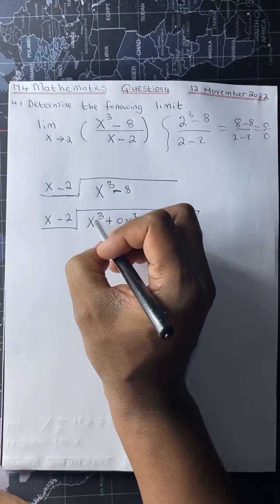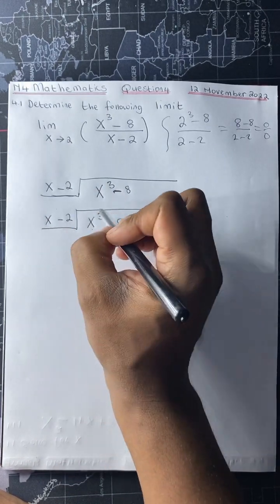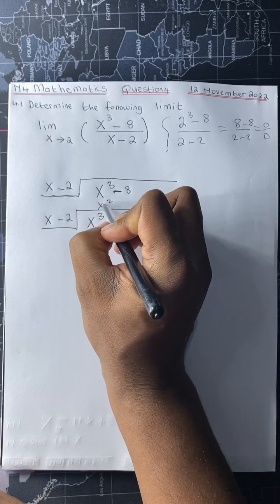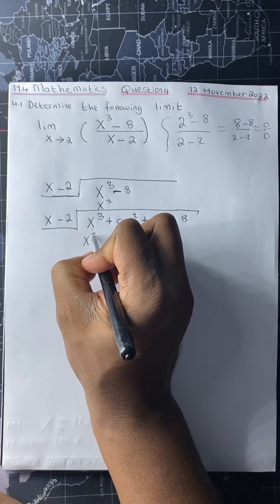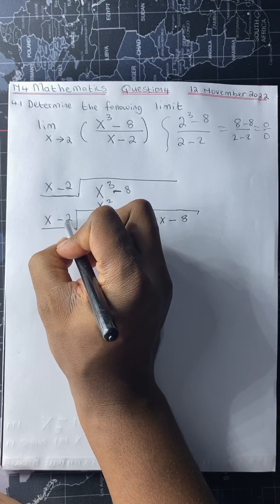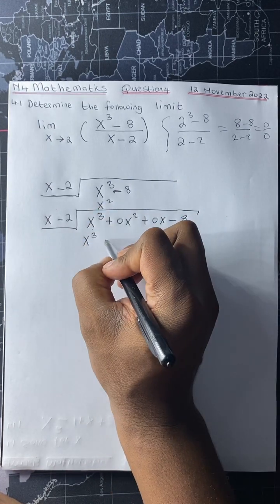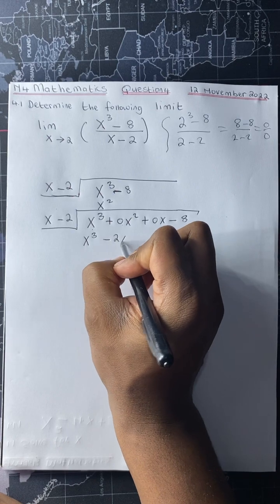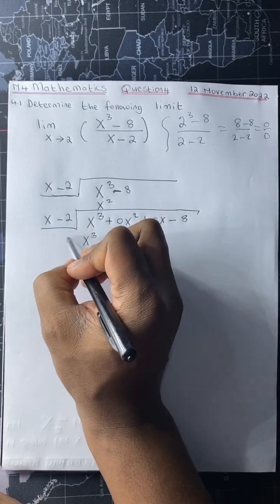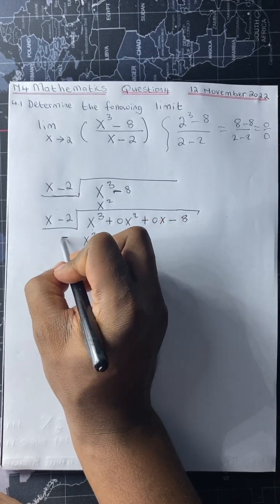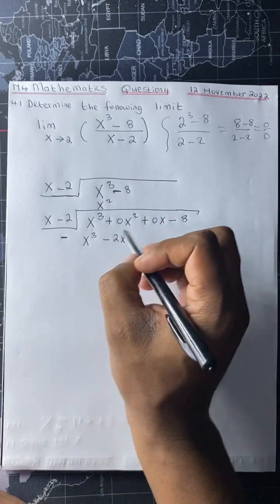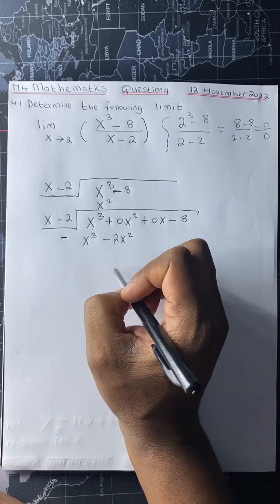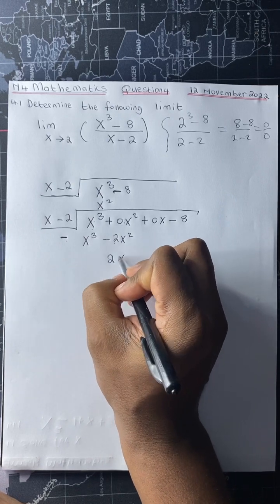So x cubed divided by x will be equal to x squared. And x squared multiplied by x will be equal to x cubed. x squared multiplied by negative 2 will be equal to negative 2x squared. Now we minus. x cubed minus x cubed will be equal to 0. 0 minus negative 2x squared will be equal to 2x squared.